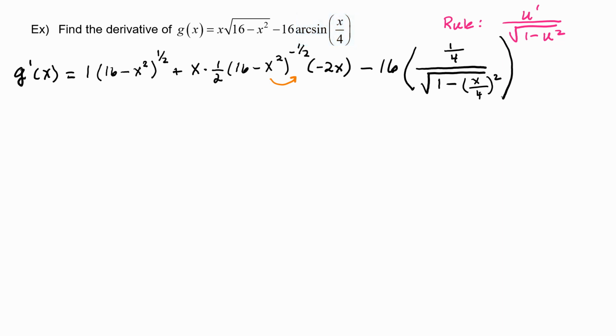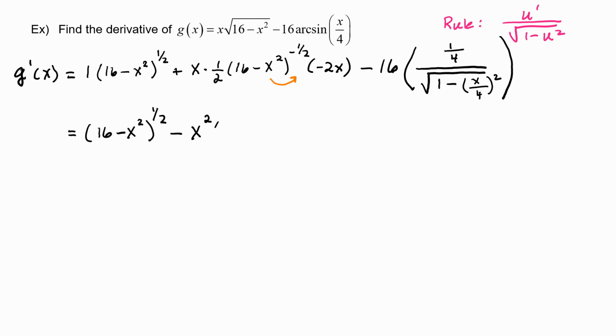So let's start to clean this up. We will get the quantity 16 minus x squared to the half. Now in this second term, we have a negative sign, so we will be subtracting. The 1/2 times 2 becomes 1. The x times x gives us x squared.